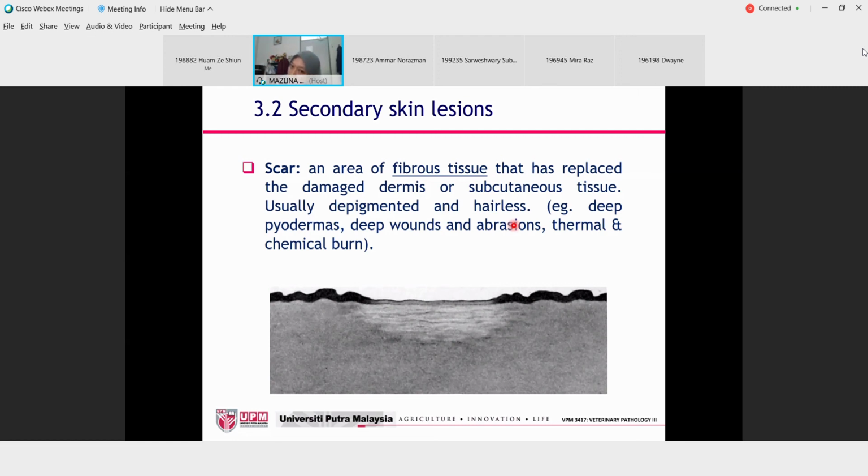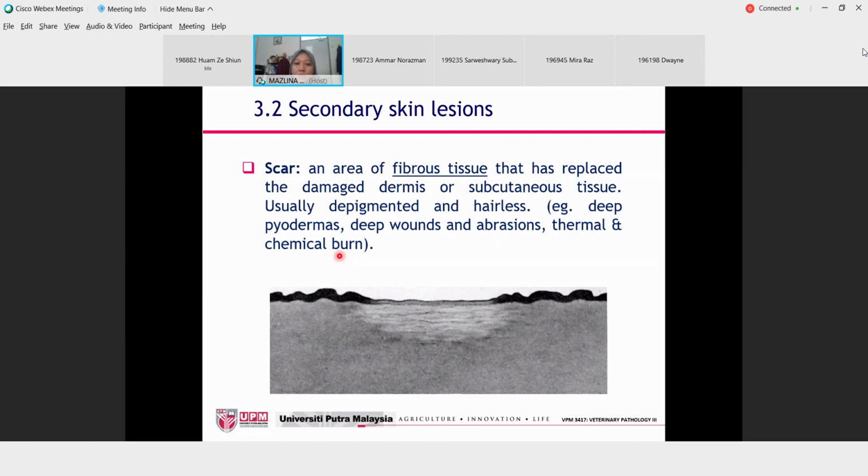Usually it can be depigmented, usually paler in color. And if the damage is severe, leading to hair follicle damage that is beyond repair, that area will become hairless. So this is typical in cases of deep pyoderma, deep wounds, and abrasion, thermal and chemical burn.